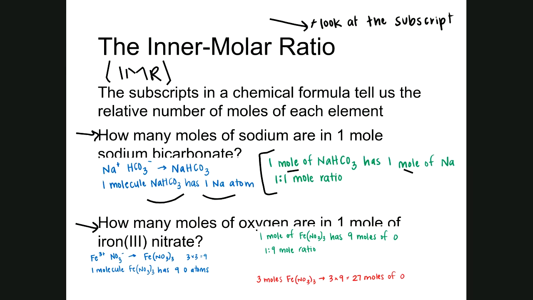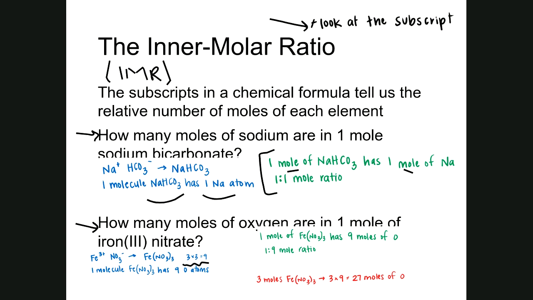Now we are looking specifically for oxygen. So that 3 that's outside of the parentheses gets distributed to everything inside of the parentheses. So we take 3 times 3 equals 9, and that means that for every 1 molecule of iron 3 nitrate, we have 9 oxygen atoms.